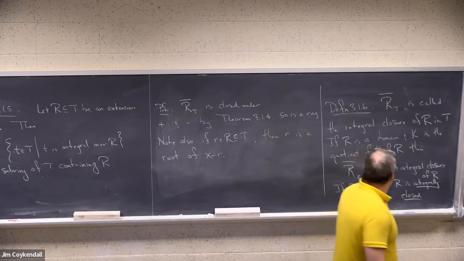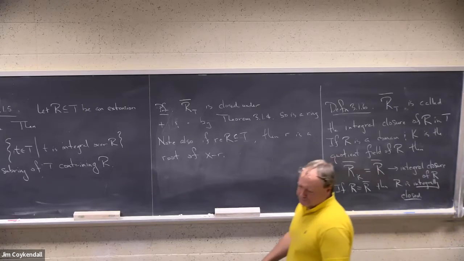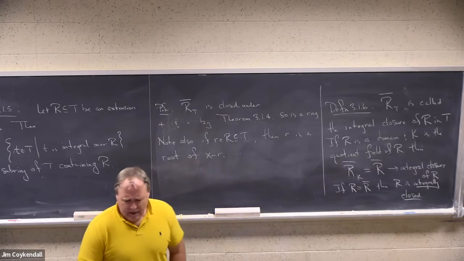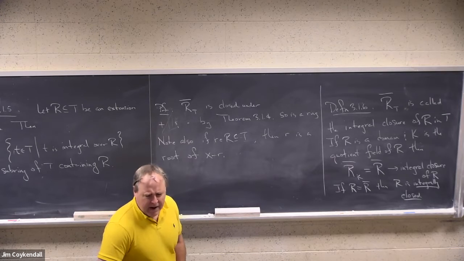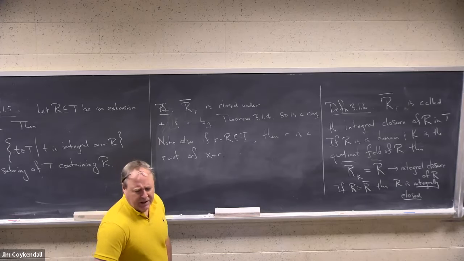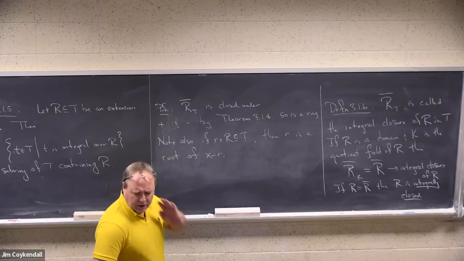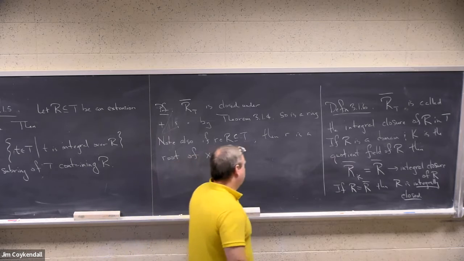If R is equal to its own integral closure, then it is called an integrally closed ring. What other definitions do I want to throw in here? And of course, I think this is a repeat, but if every element of T is integral over R, then we call T an integral extension.